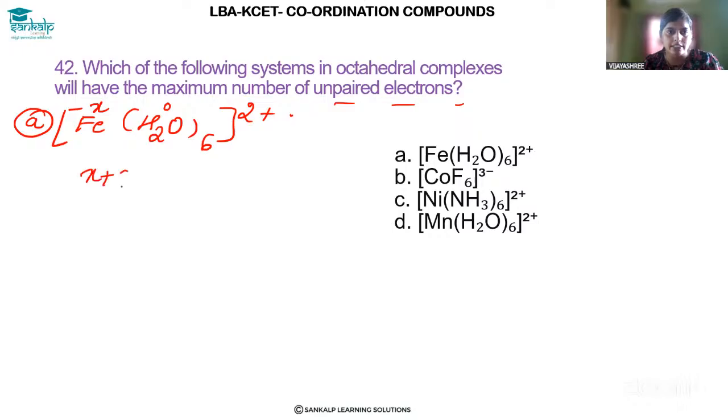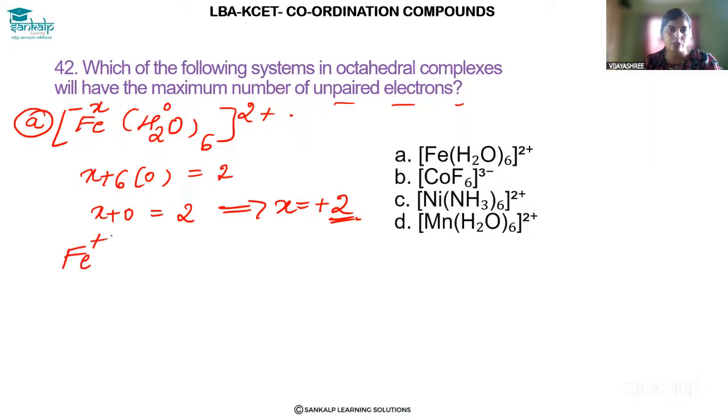X plus 6 times 0 is equal to +2. So X equals +2. So oxidation state of iron here is +2. So Fe2+ is there.